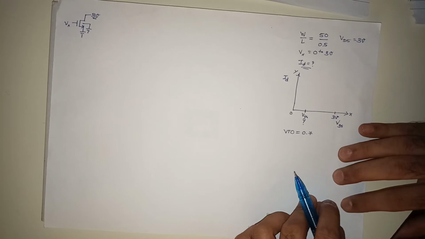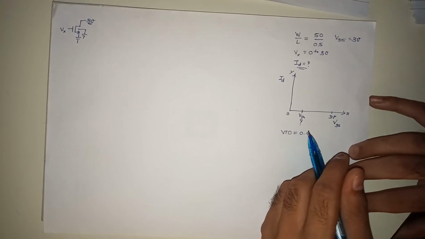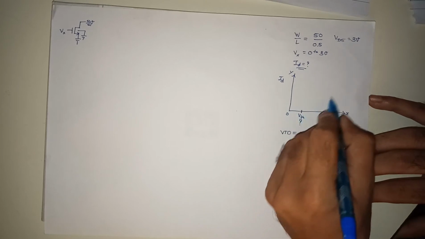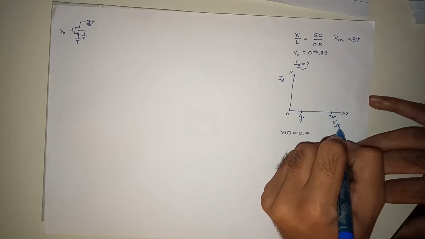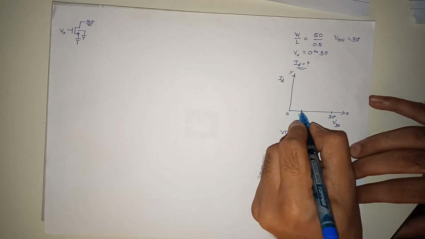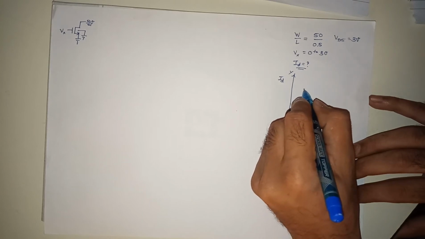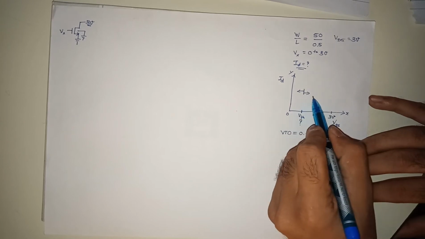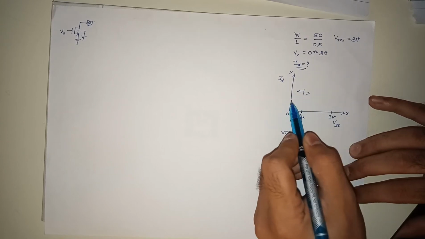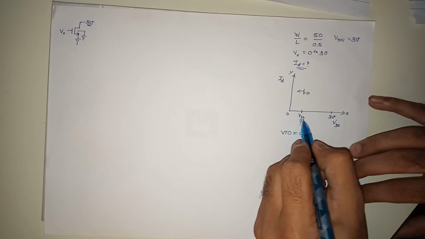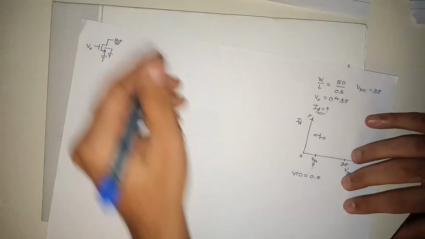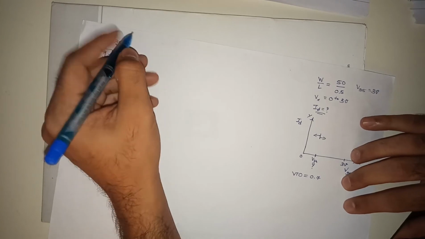Okay, now what is the question? Like we need to have the ID graph with respect to VGS. So we have two areas. One is this, second is this. Above VTH, lower than VTH. So when VGS is less than VTH, that means, let me write it here.